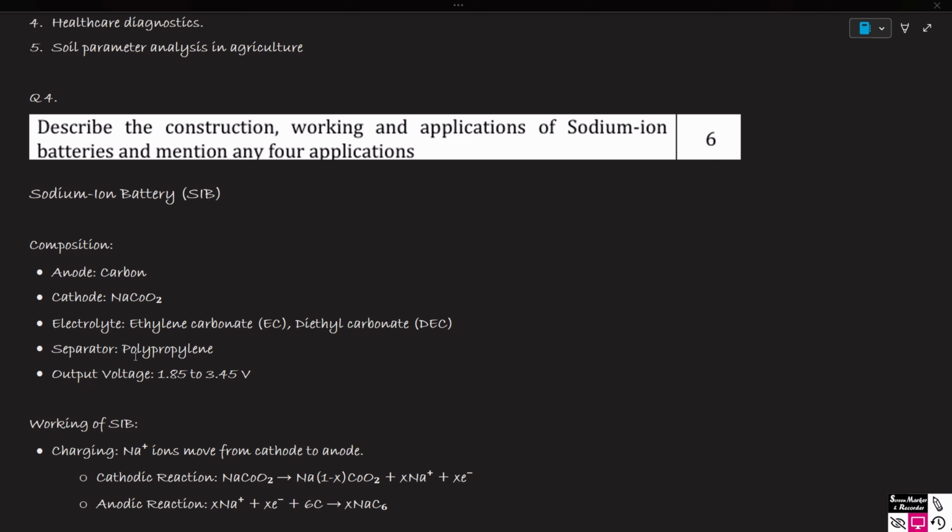In electrolyte, we are using ethylene carbonate and diethyl carbonate. Okay, these 2 substances are used in electrolyte to increase the conductivity. Separator, we are using polypropylene. Output voltage we are getting is 1.85 to 3.45. These you need to remember. This is the 5 composition of the sodium ion battery.